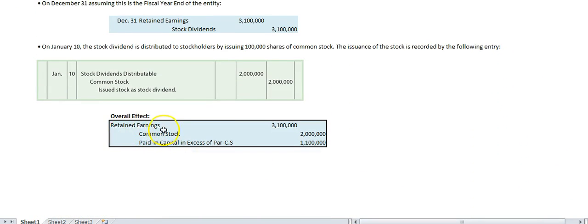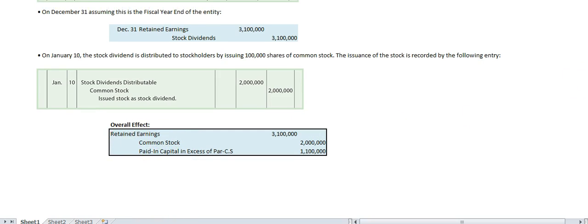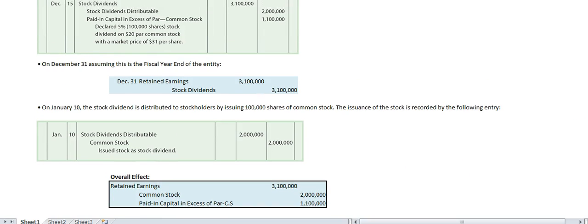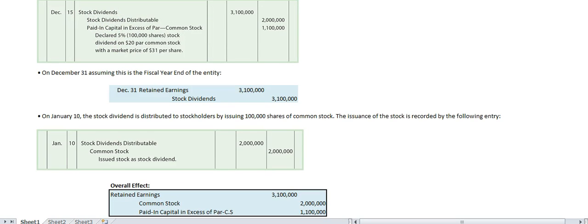So this stock dividends eventually is going to be closed. Really what we want to do is lower retained earnings, and stock dividends distributable will be closed, and what we want to do is increase common stock. Okay, but these are temporary accounts where we put them for the moment.